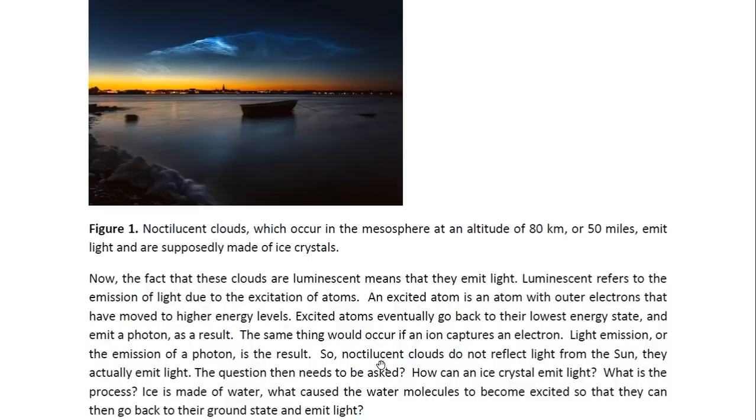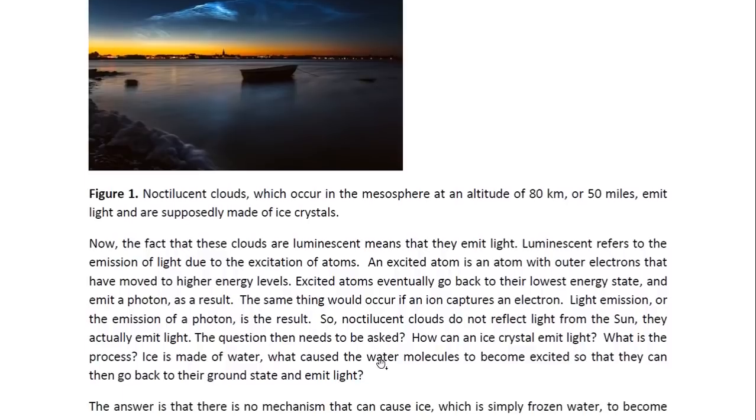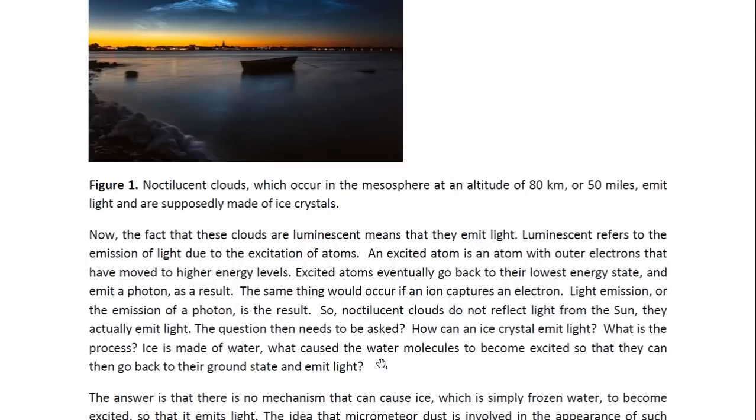An excited atom is an atom with outer electrons that have moved to higher energy levels. Excited atoms eventually go back to their lowest energy state and emit a photon as a result. The same thing would occur if an ion captures an electron. Light emission, or the emission of a photon, is the result.